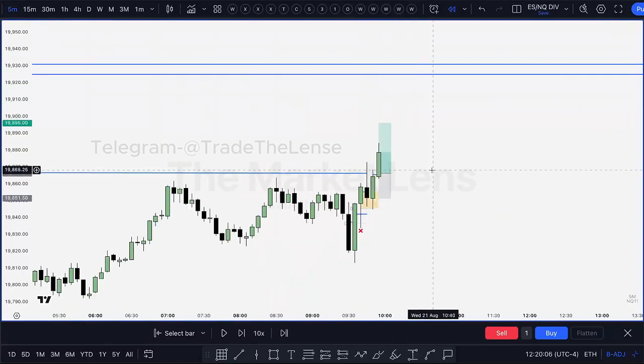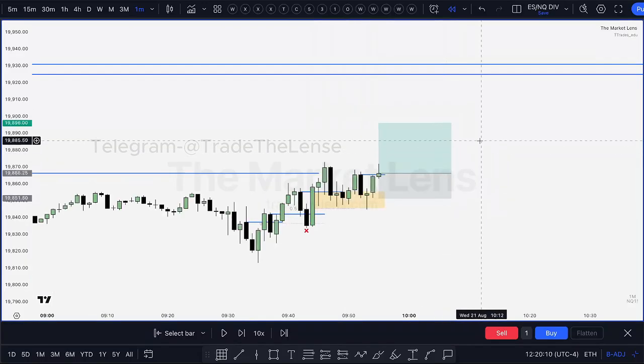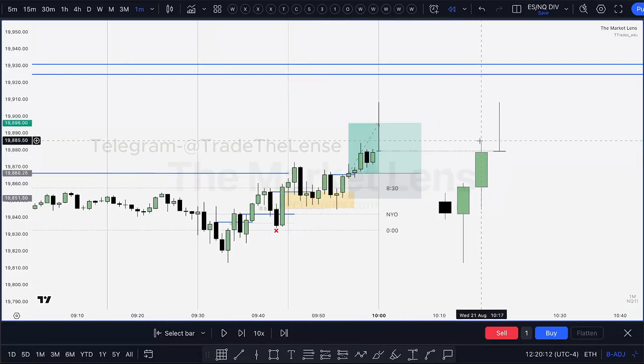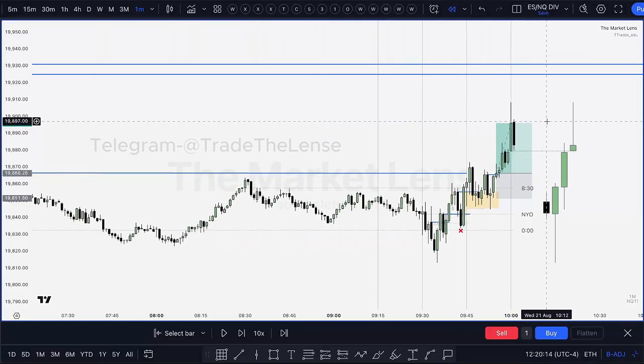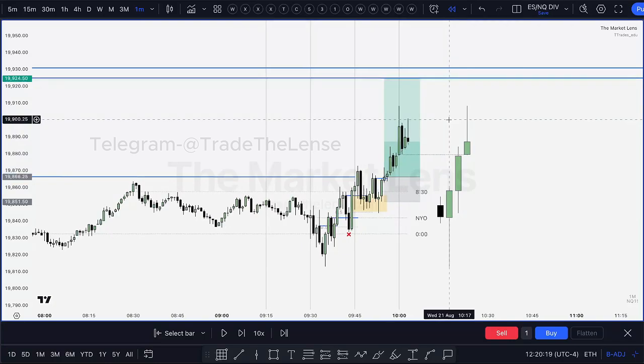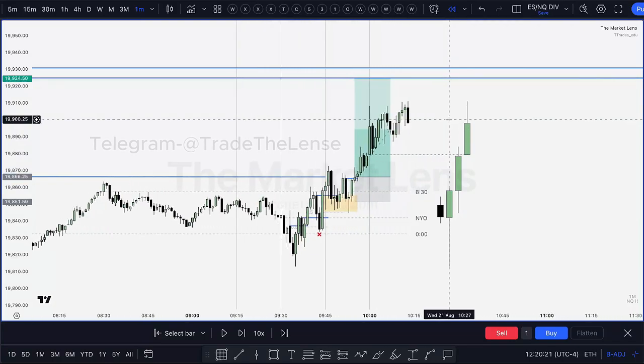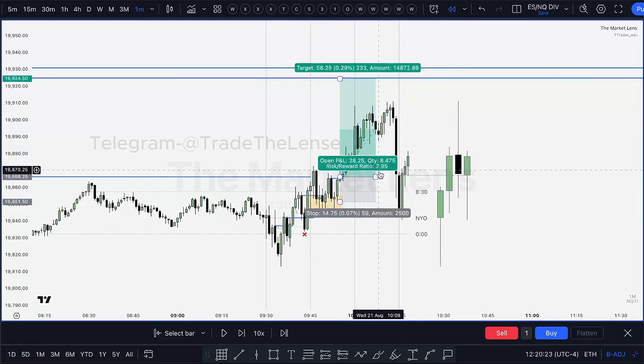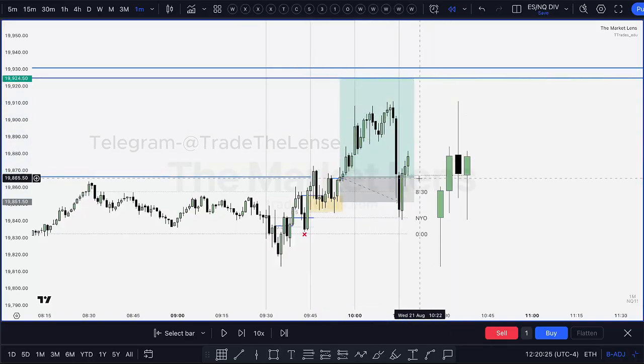Then going back, oh, we're on the 1 minute. Right, then going back, there we go. And if you wanted to, you could hold runners too, there. Right, let's see. And they would have gotten stopped out, right? Does that make sense?